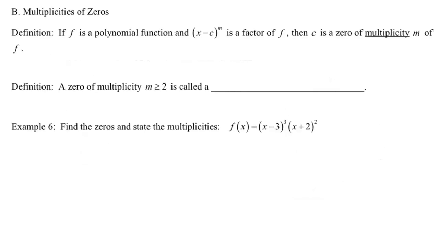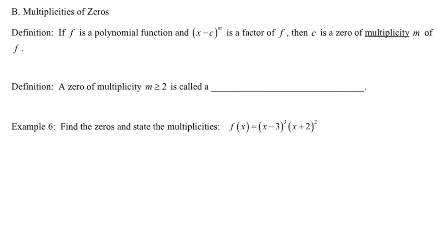Okay, one other thing that's going to be helpful for graphing polynomials is to know what a multiplicity is and what that determines about the graph at that particular 0. So really important definition here. If f is a polynomial function and x minus c raised to the m power is a factor of f. If you take a look down at example number 6 here, this is essentially what I'm talking about.